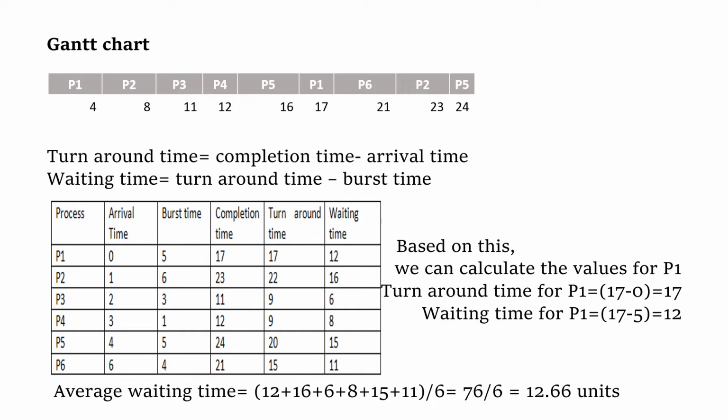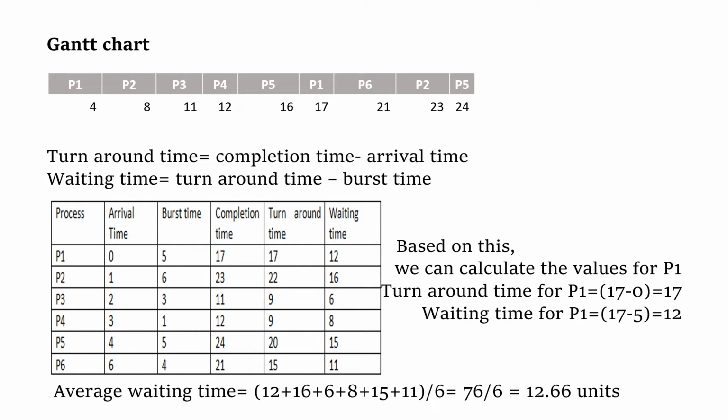First, let me explain the Gantt chart. Based on the previous explanations, P1 will first execute for 4 units of time slice, and then P2 comes, and it will complete at the 8 units of time slice.